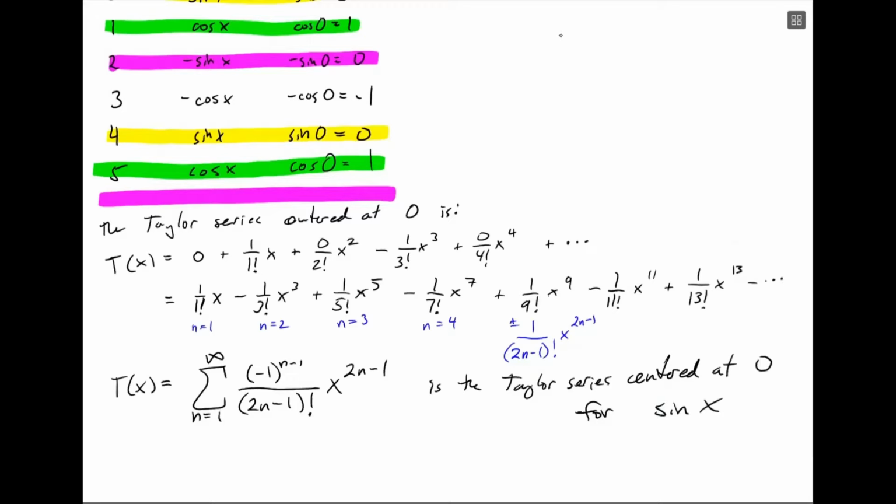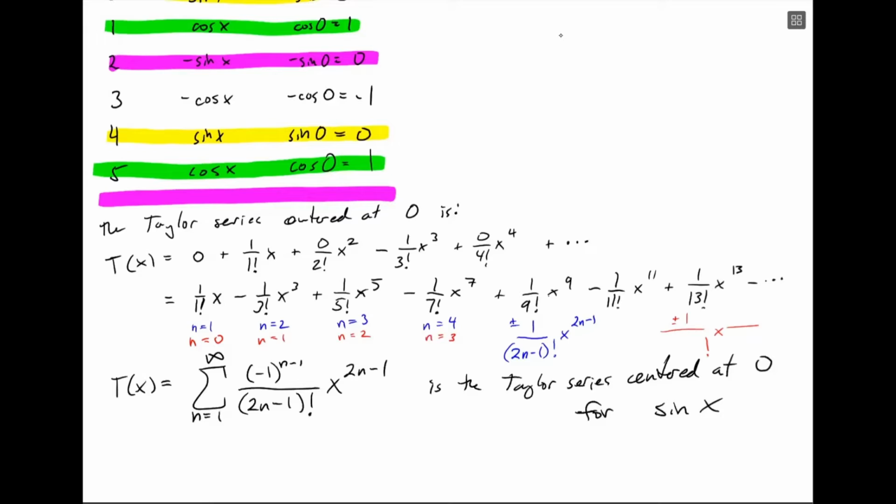What if instead I wanted to come back here and call this n equals 0, and then call this guy n equals 1, and then this guy n equals 2, and this guy n equals 3? What's the formula for that going to look like? Well, you're still going to need an alternating sign up top, and you're still going to need whatever goes in front of the factorial to be the same, right?